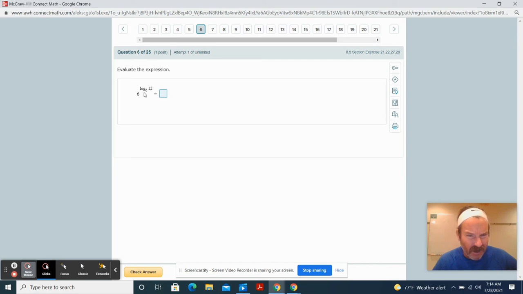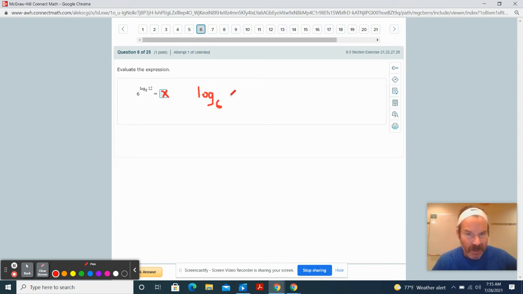we've never seen a log as an exponent before, but we kind of do this the same way. We put x here, but now we write it as a logarithm. Okay, so we write the word log. What's the base here? The base of this exponential is this 6. So remember that 6 goes right here.